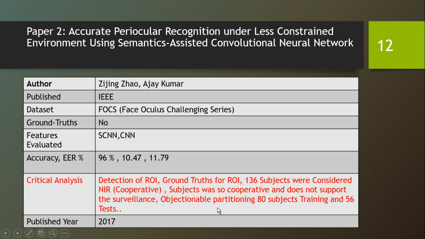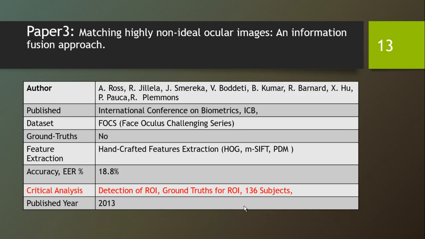Objectionable partitioning: 80 subjects for training, and the rest of the subjects were taken into the test. The paper was published in 2017. Similarly, the other paper on the same data set had the same problem, that they didn't report the detection of ROI ground truth.